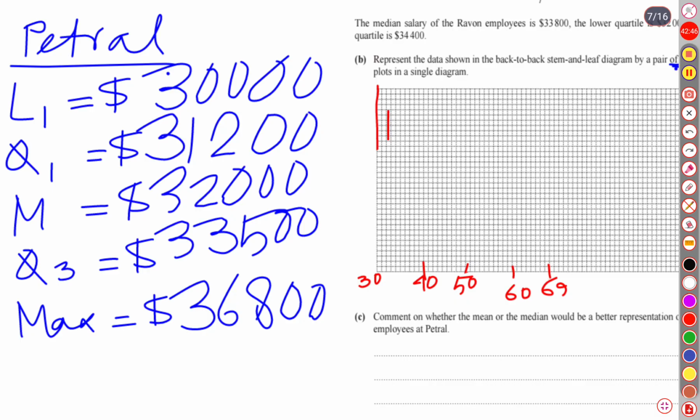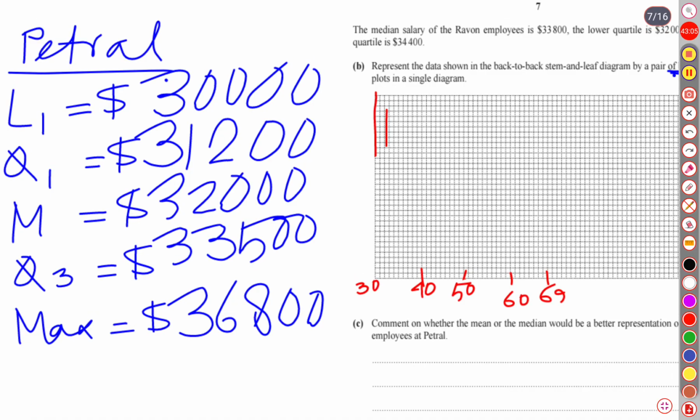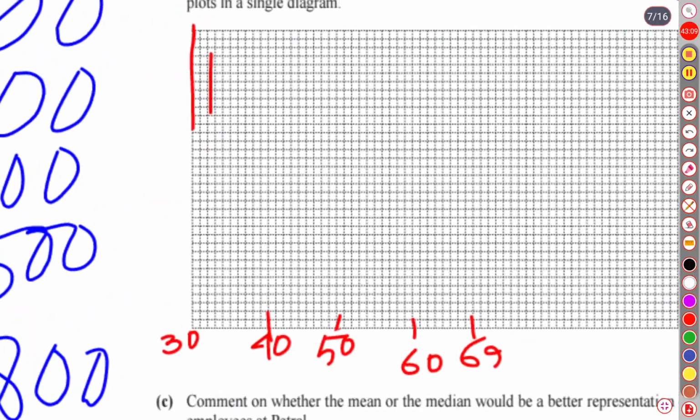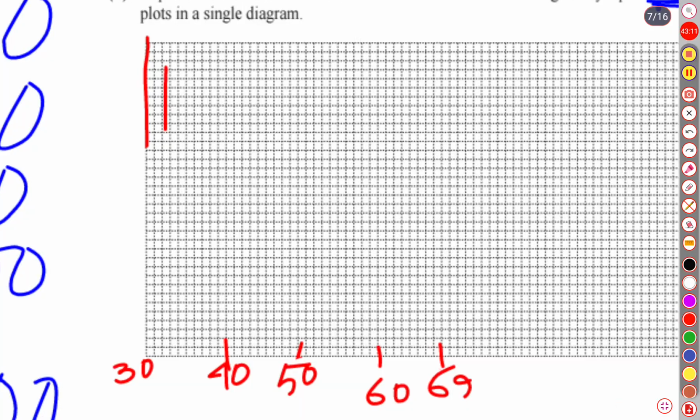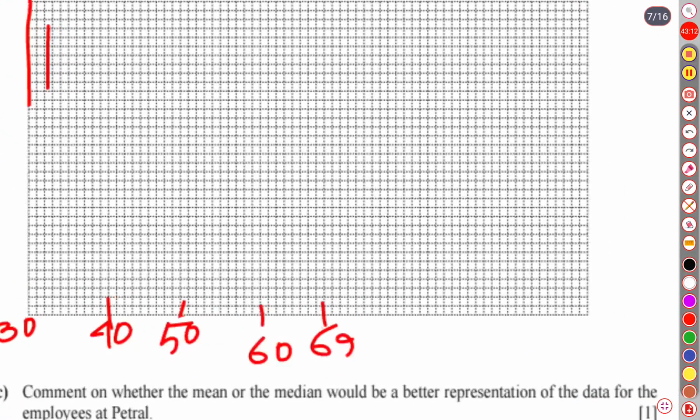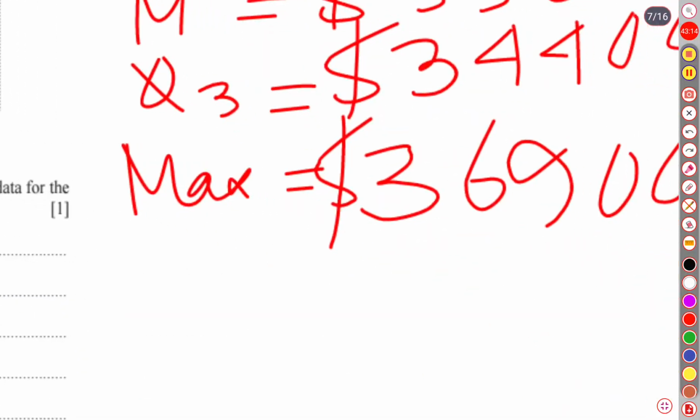Yes, over here. After that, the median is 320. So 320 means it is 40. Sorry, I will have to rewrite this because it is getting too small. So our maximum salary is 369.